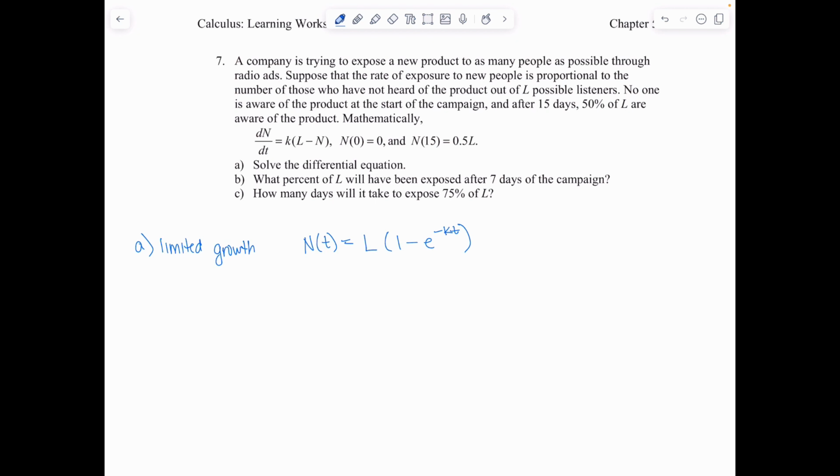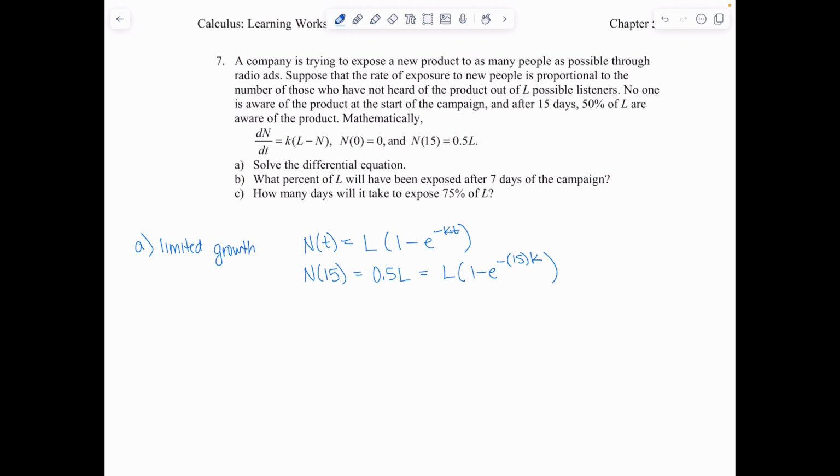One thing that we know is that N of 15 equals 0.5 L. And so we'll take our equation and plug in 15. And now we can solve for, I put the wrong letter. 15 is the t, we're wanting the k.